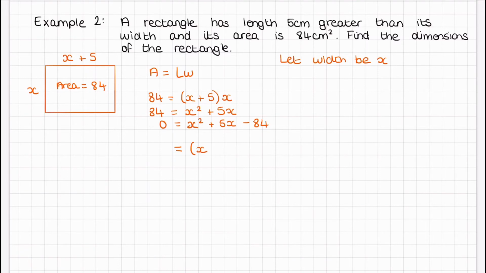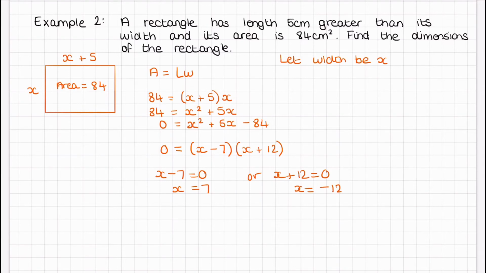So we'll have x minus 7 and x plus 12. So when we are solving this then, we know we're going to have x minus 7 equals 0, or x plus 12 equals 0. So x will equal 7, or x will equal negative 12.